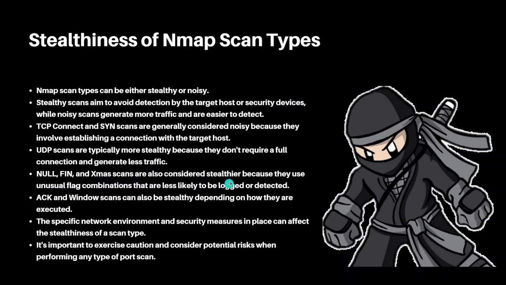Null and Xmas scans are also considered stealthier because they use unusual flag combinations that are less likely to be logged or detected. ACK and Window scans can also be stealthy depending on how they are executed.